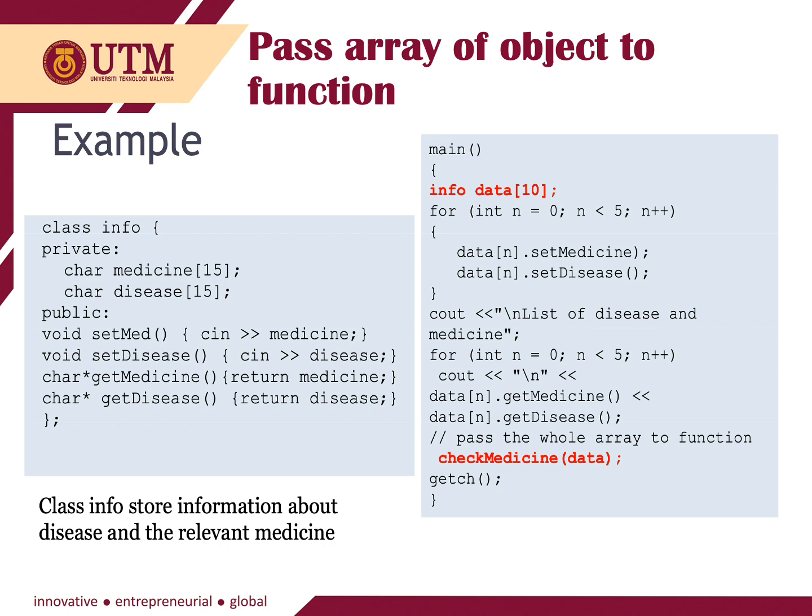So that is 5 patients. When n is equal to 0, the data is at 0, meaning we are trying to access the first patient. Set the medicine and then set the disease, and then we are going to print out the list of the diseases and medicines.